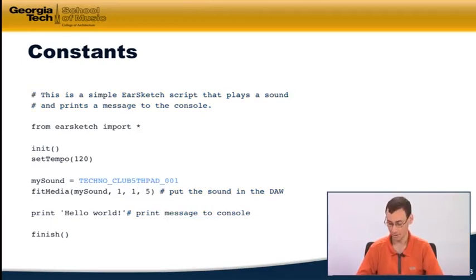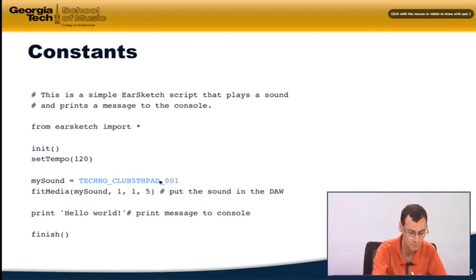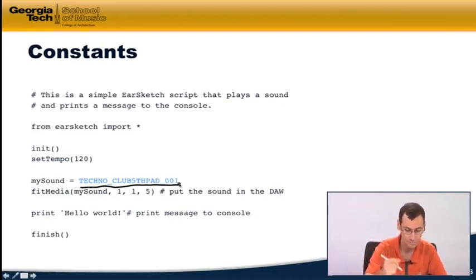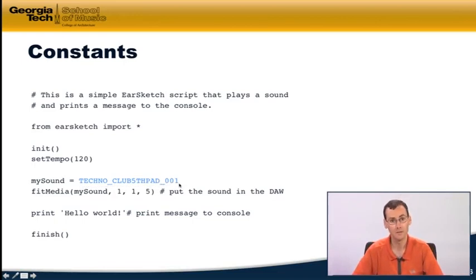The next thing I want to talk about are constants, and there's only one constant in this script, TECHNO_CLUB_5THPAD_001. That represents, like I said before, a particular sound from the EarSketch sound library. But a constant in general is something that never changes. It's something that has a particular value assigned to it that stays the same throughout your script.